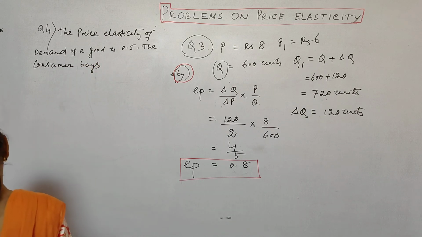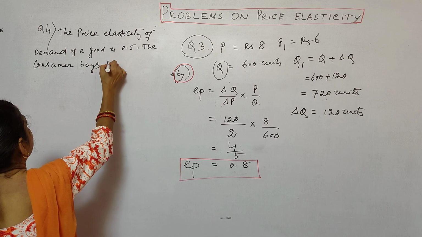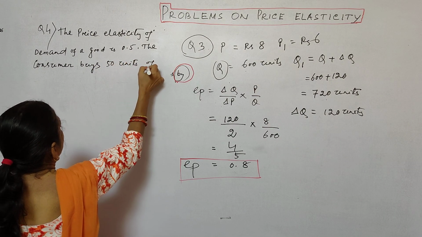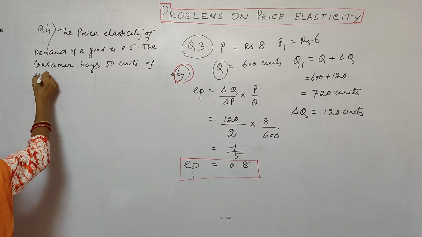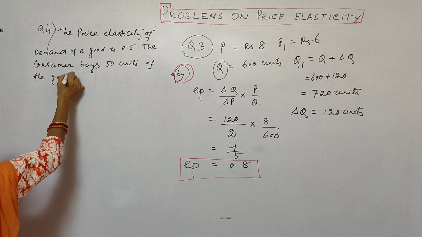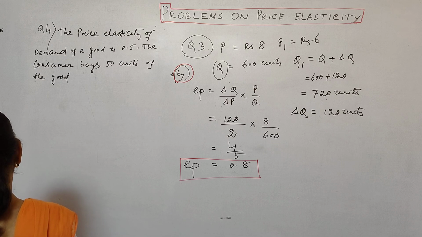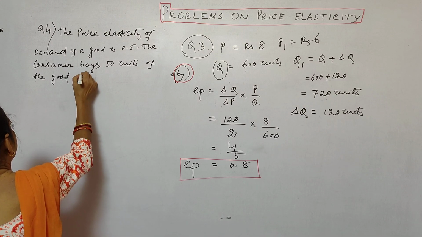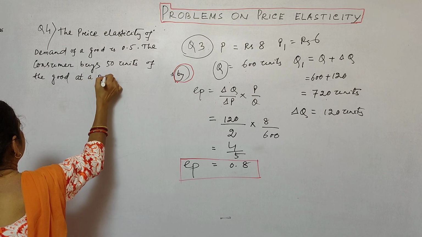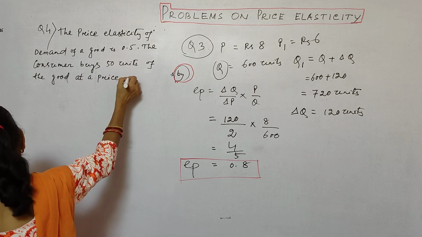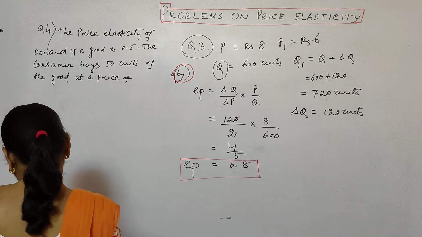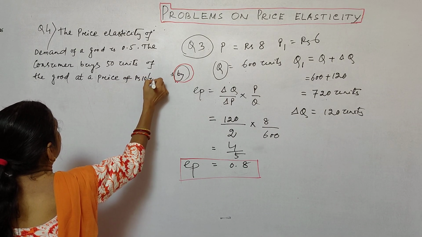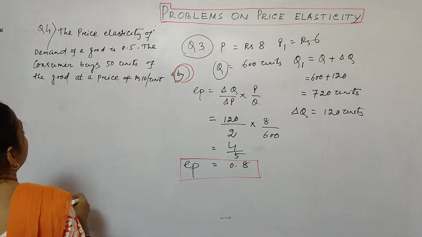The consumer buys 50 units of the good at a price of rupees 10 per unit.